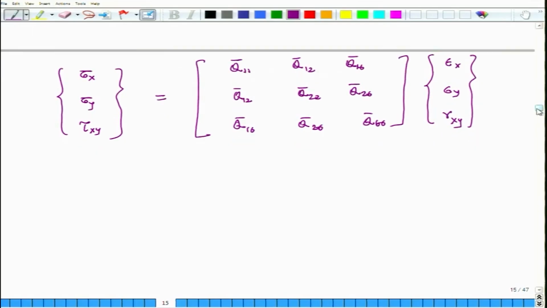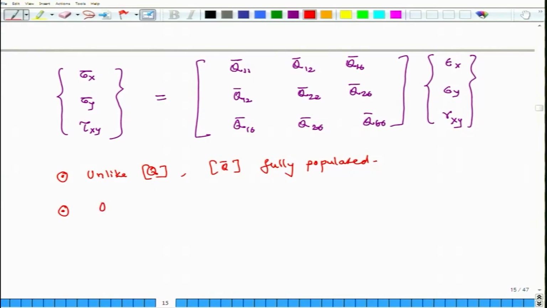Okay. So, a couple of observations. Unlike Q, Q bar is fully populated.